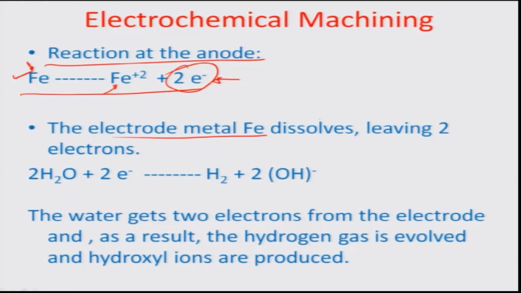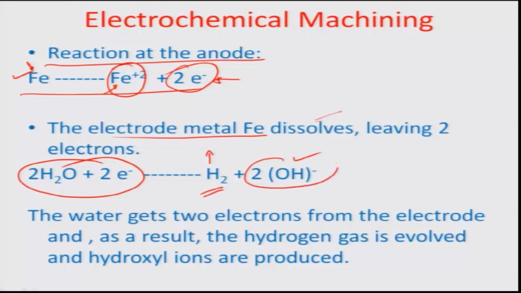would dissolve, and the 2 electrons that have been left because of that would further try to break down water into H2, which is in gas form and bubbles out, and hydroxyl ions, OH-. Now you can think of it that there is Fe2+ present in the solution because of the removal from the iron electrode, and there are these 2 electrons which are splitting the water into hydrogen gas and hydroxide ion.